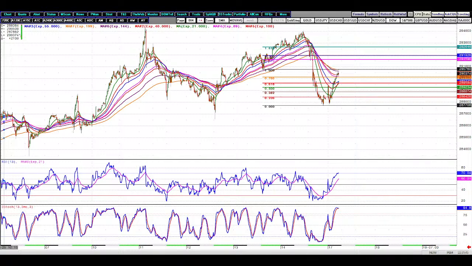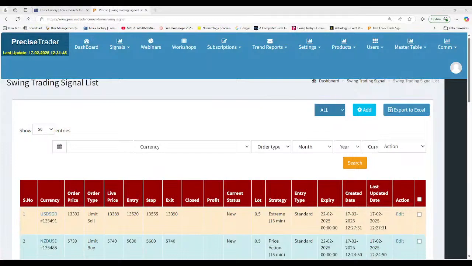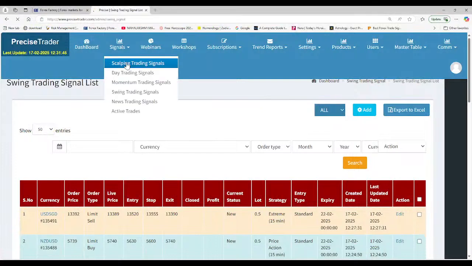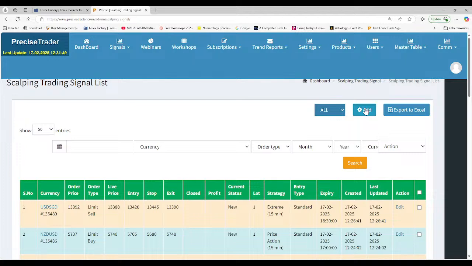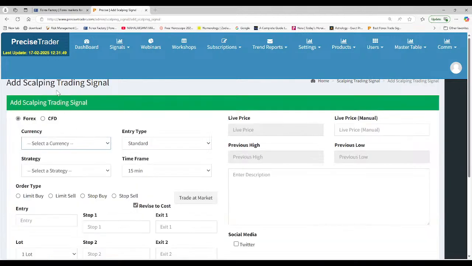Okay, 2895. So this one, what we are trying to do is a scalping trade for gold. Trying to sell at 2918.5 and try to exit at 2898.